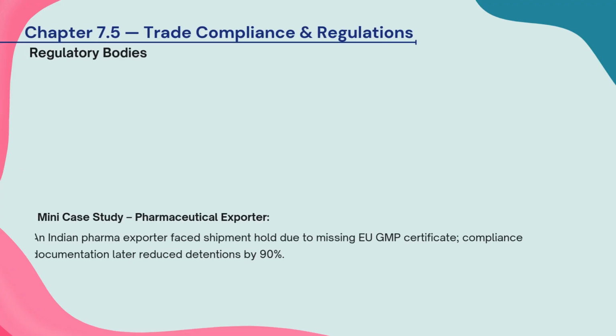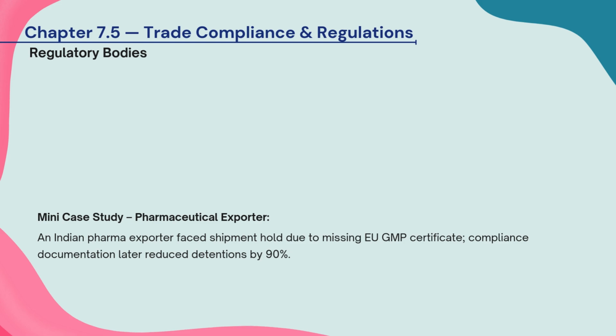This slide highlights the key regulatory bodies that govern trade compliance across different regions. In India, authorities like DGFT, CBIC, and RBI oversee export-import rules. In the USA, compliance is managed by BIS, OFAC, and CBP. In the EU, regulatory control comes from the European Commission and CE marking agencies.